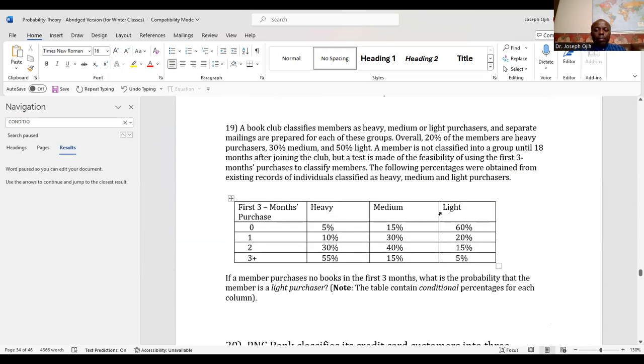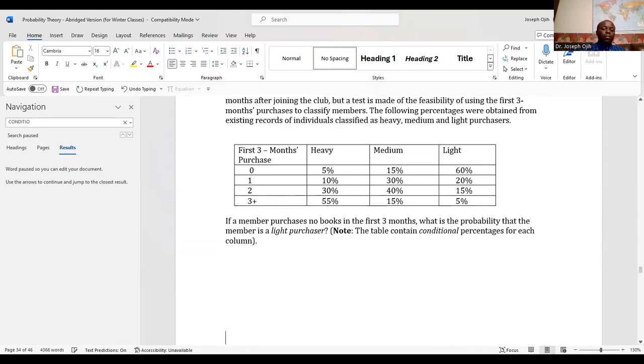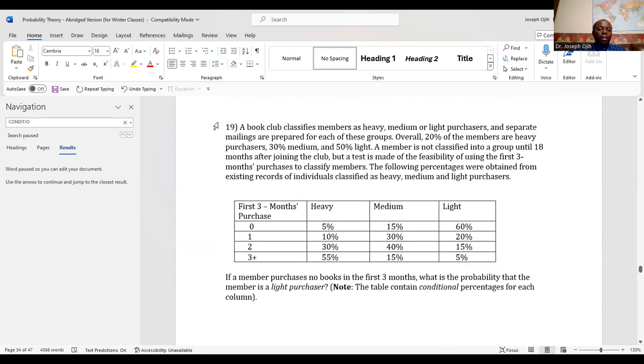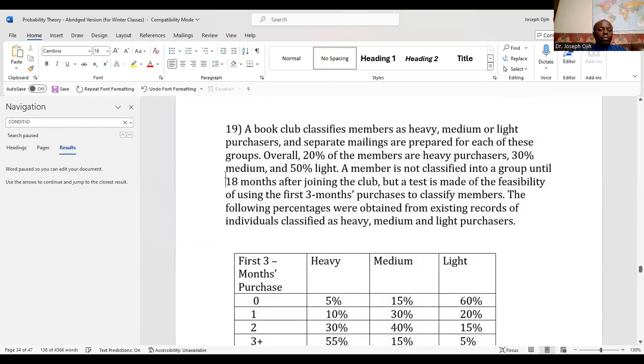Okay, let's try this example first. Let me make the font a little bit bigger. Probably 16 will be good enough.